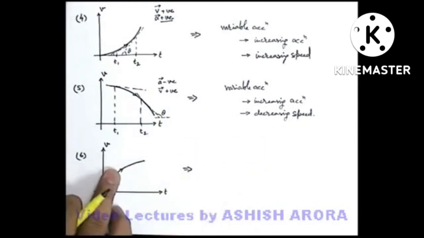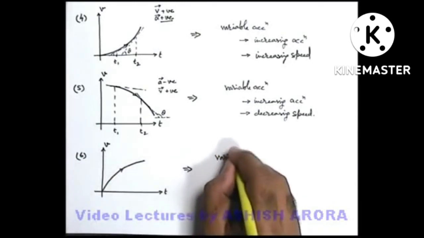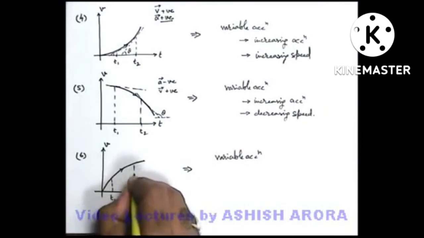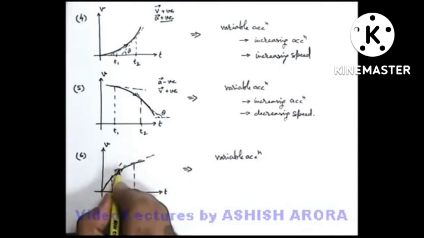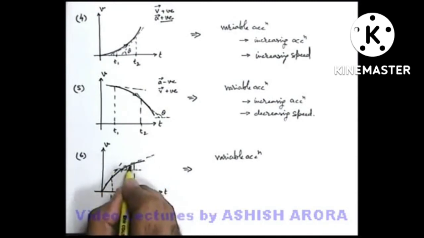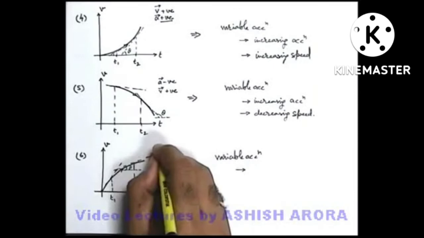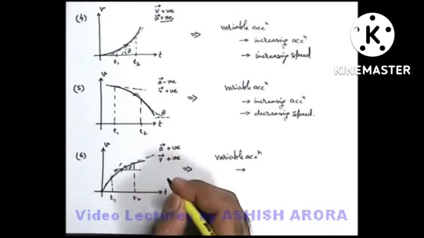Similarly, in the third case or graph number 6, we can say again it is a curve. It is also the case of variable acceleration, and in this situation if at two different times t1 and t2 we draw the slope, we can see that the angle made by the tangent with the positive direction of the time axis is acute. This is the case where we can say acceleration is positive, and velocity is also positive.